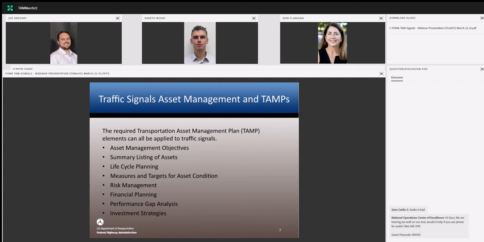And you see here the bullet list of the sections that are needed to be in these TAMPs. So the idea here is that this would be a resource to state DOTs who may want to incorporate their signal assets into their TAMPs for the upcoming iteration, but also if they decide not to include signals into their TAMPs, it can be a resource to continue asset management activities in this area outside of the TAMP as well if they choose.